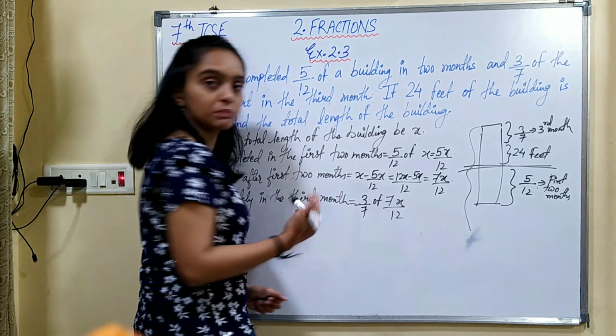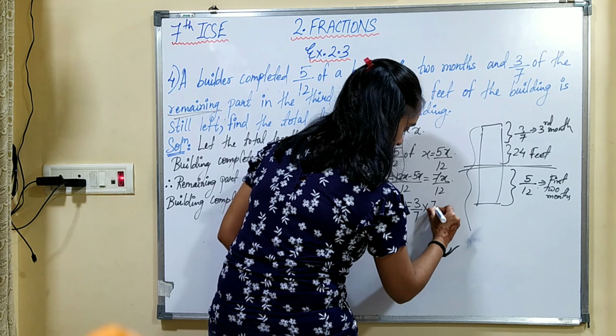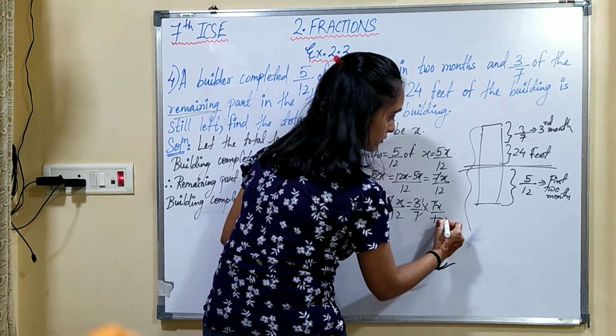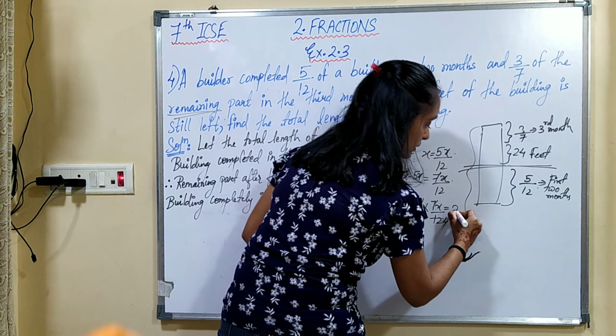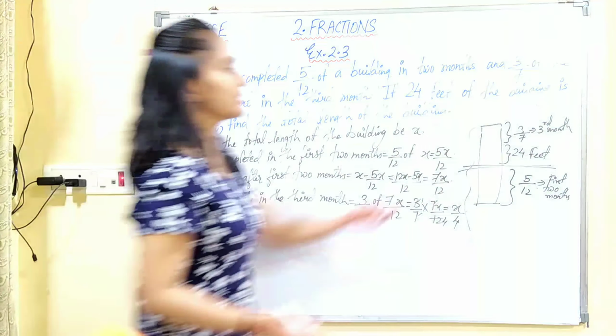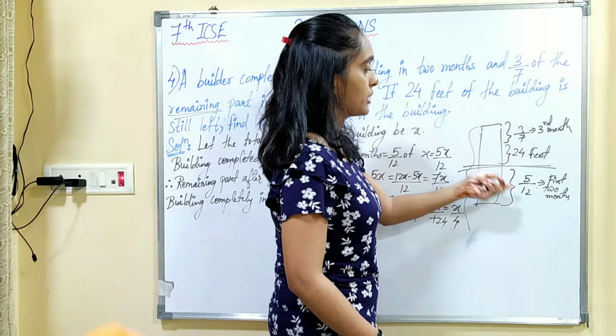Okay, so of means multiplication. So it will become 3/7 multiplied by 7x upon 12. 7 goes off and 3 1s are 3, 3 4s is 12. So you are left with x upon 4.